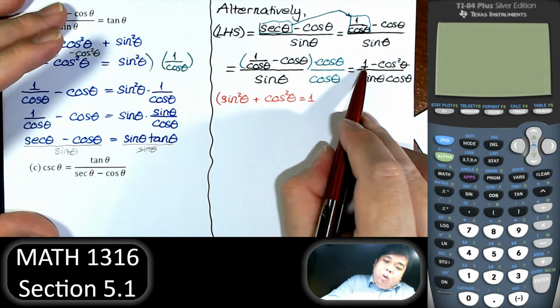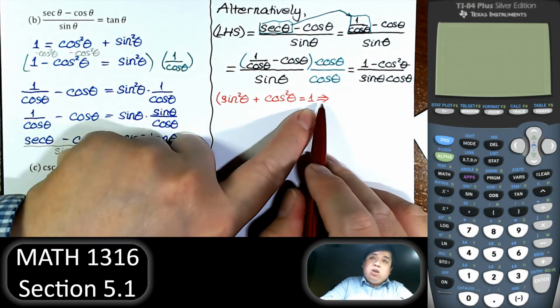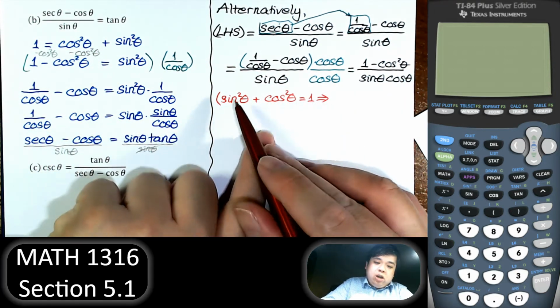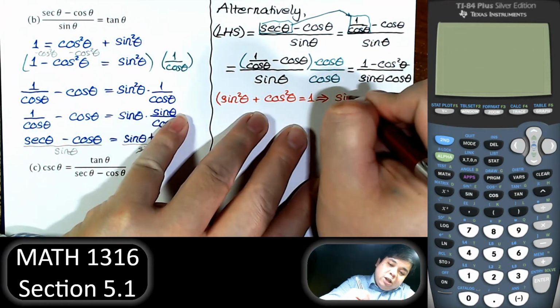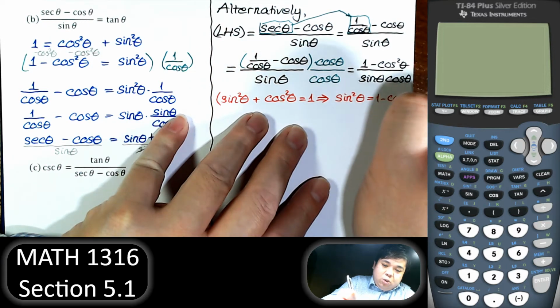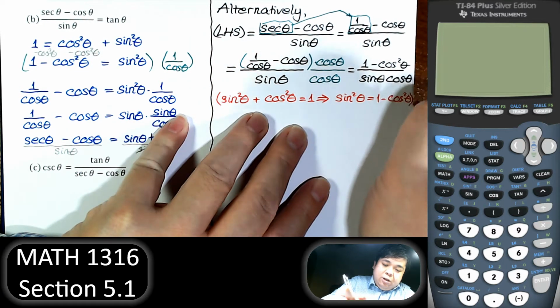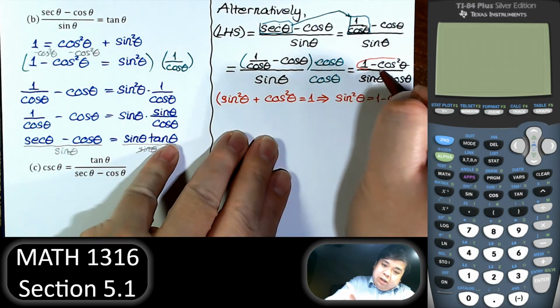But here we have 1 minus cosine square. So if we want 1 minus cosine square, we just subtract cosine square on both sides, and we have sine square equal to 1 minus cosine square. And we will substitute into here.